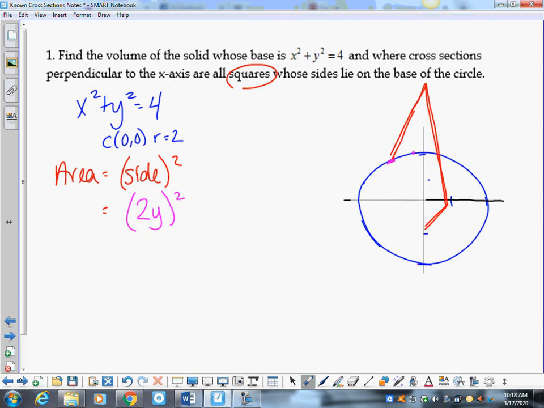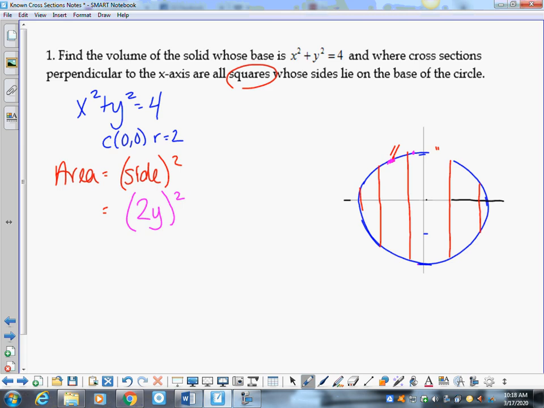So I could have a square here. The base of my square could be there, could be there, could be here, could be right there. So that's the foundation of my square, and then the square goes vertically out of the smartboard from that.